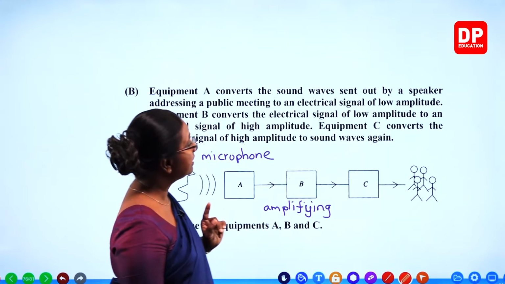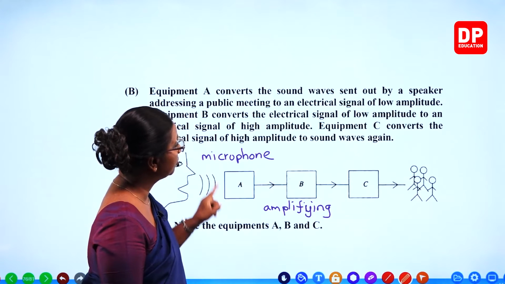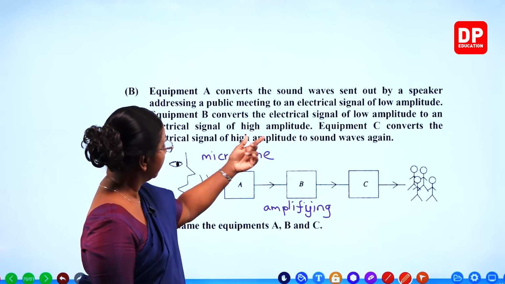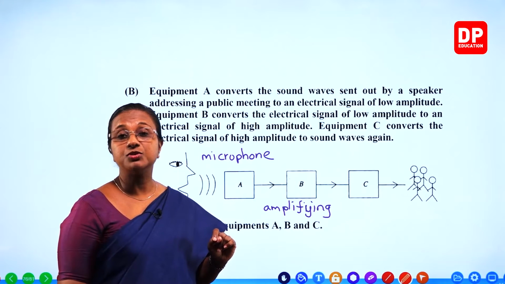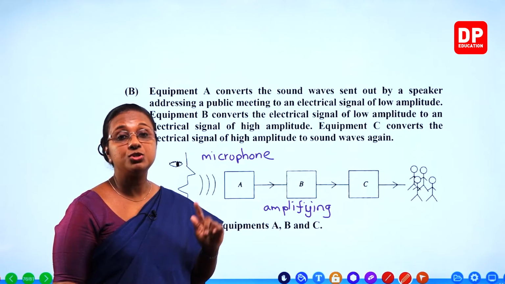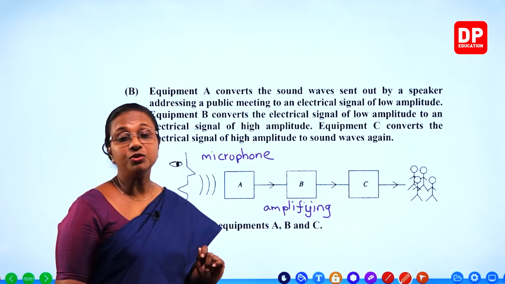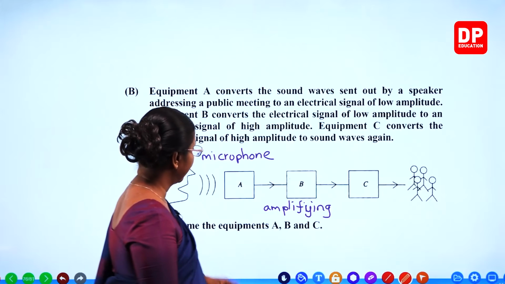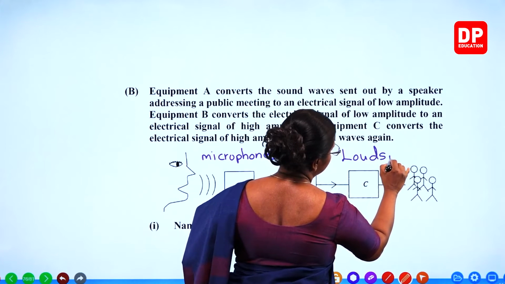Then equipment C converts the electrical signal of high amplitude to sound waves again. So there you all know it has to be the loudspeaker. You give a varying current and that converts it to sound waves. You all are familiar with that as well. So here it has to be a loudspeaker.